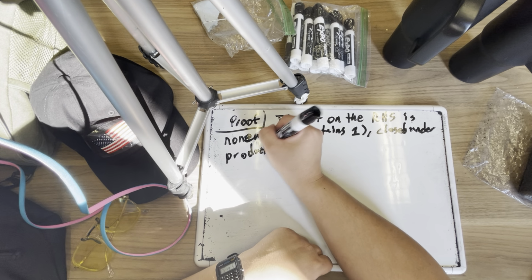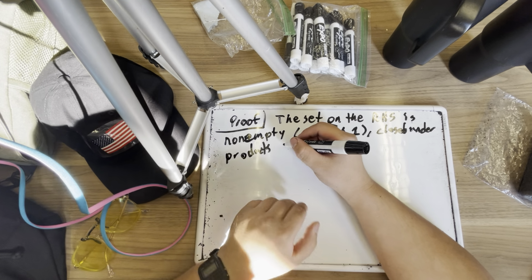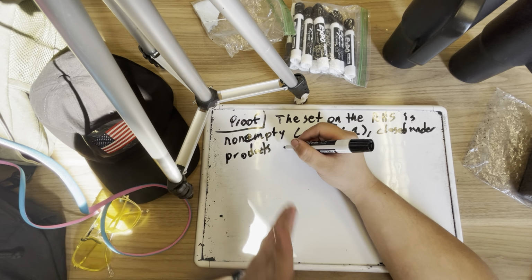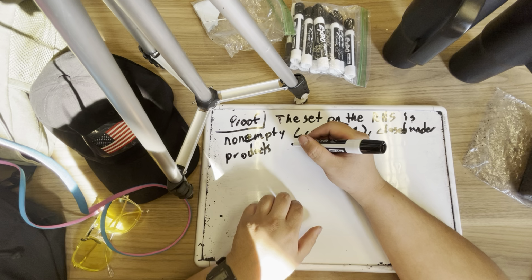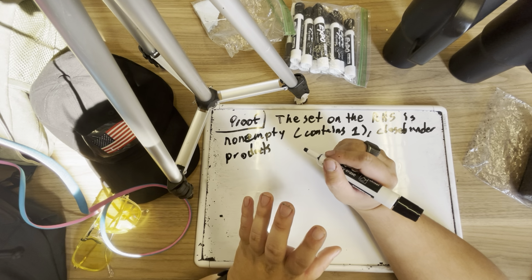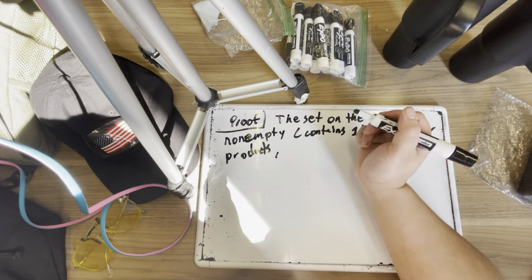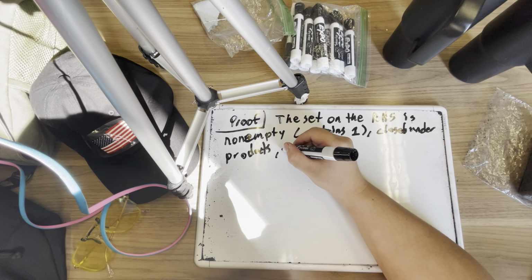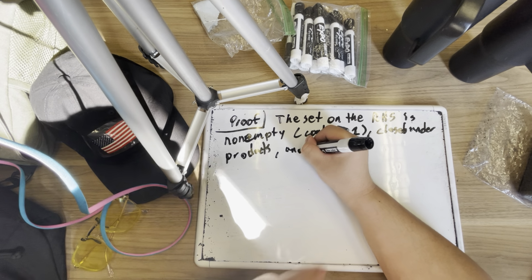We could look into this every bit at a time, but we'll look into that for the exercises. That's where we get more of the rigor. But for now, suffice to say, it's not empty, contains the identity, it's closed under products, and closed under inverses.